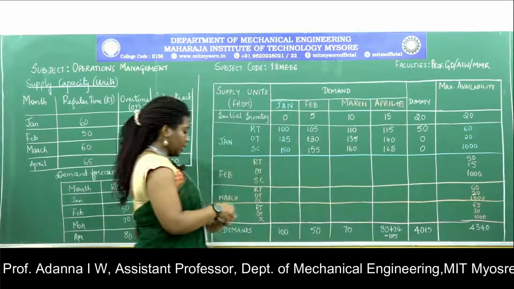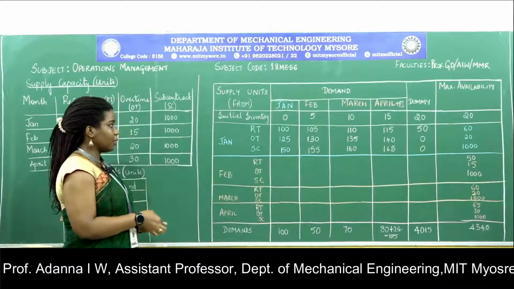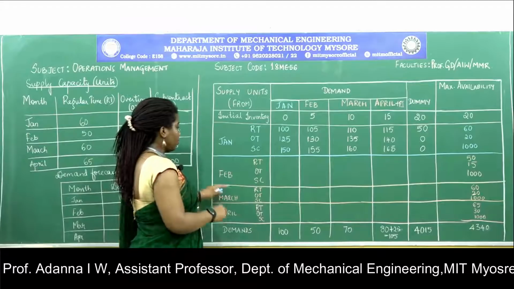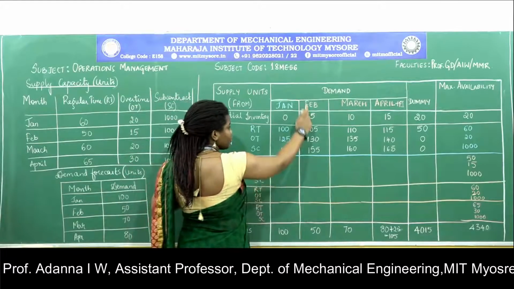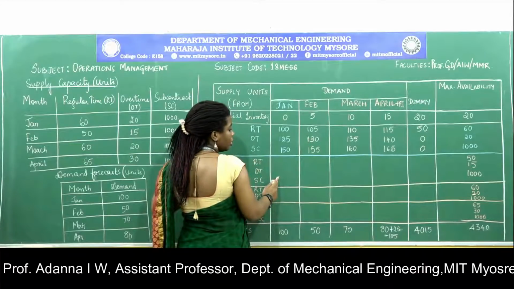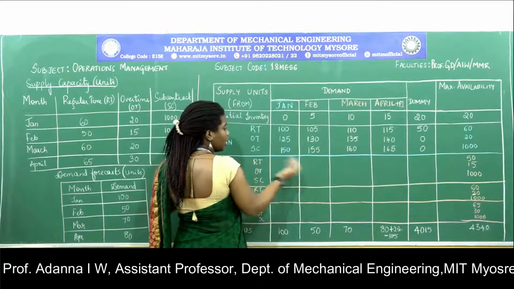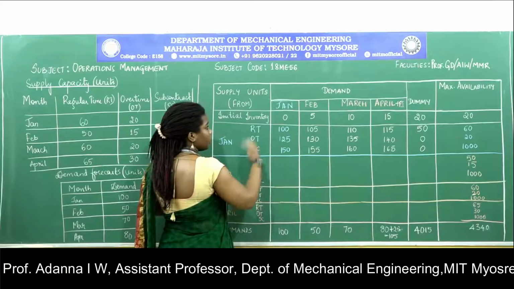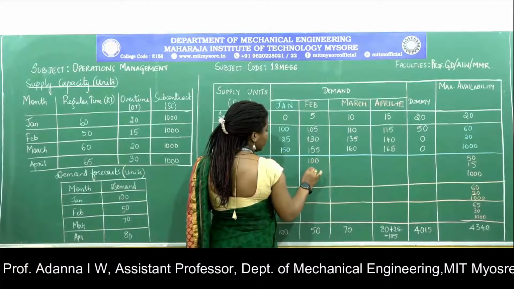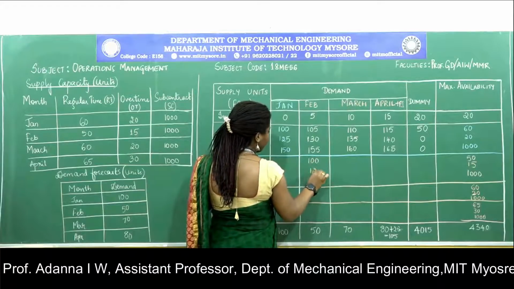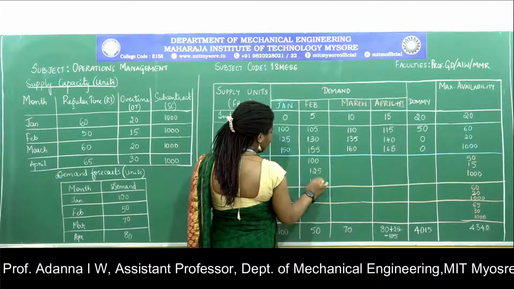Similarly, if we write for February, the cell that you have to fill should correspond to the month of February, because here we are not talking about January. From February you can't come backwards right now, we are moving forward. Regular time cost in February is 100, then 125 and 150.